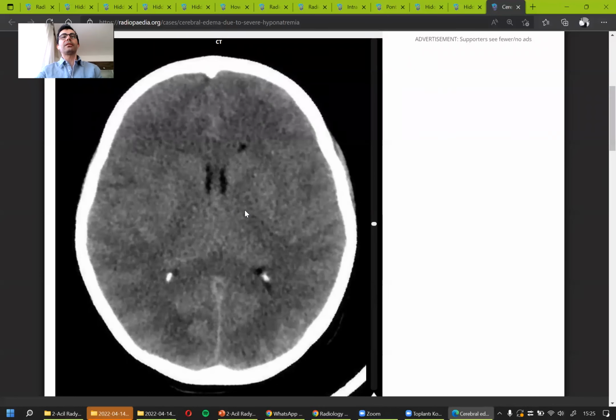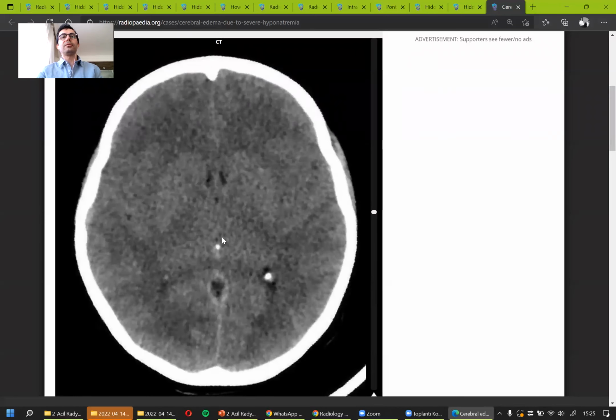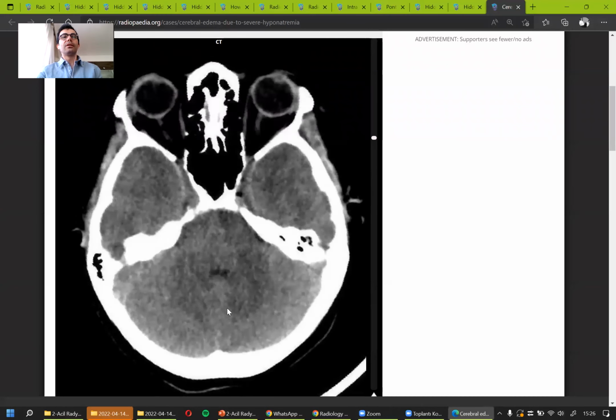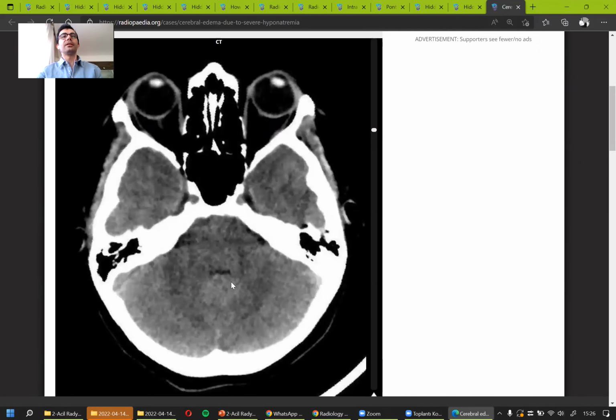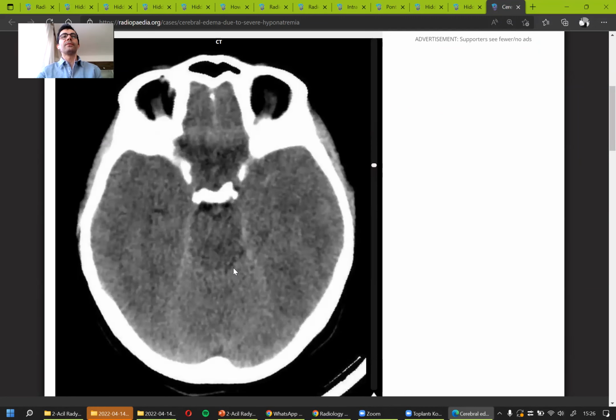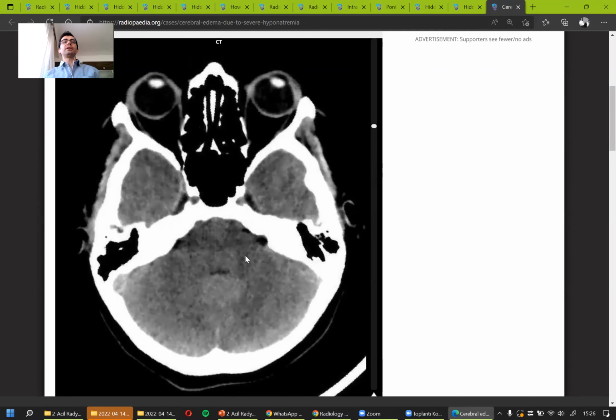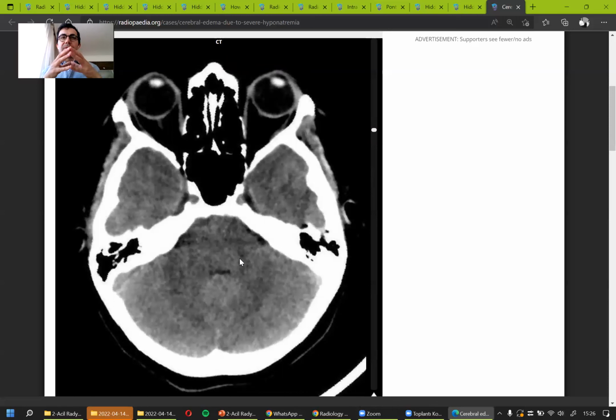I'm seeing hardly the lateral ventricles, and where is the third ventricle on the midline? The third ventricle is gone. The fourth ventricle is here, a very small dot. Also, the cisterns, you know, the subarachnoid cerebrospinal fluid collections.